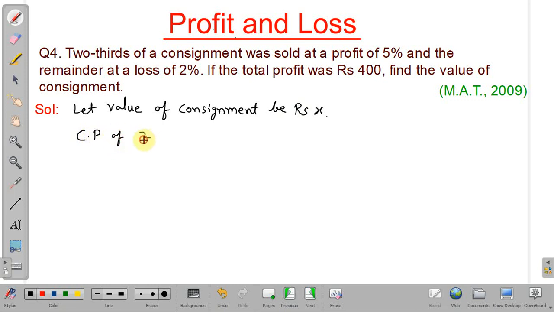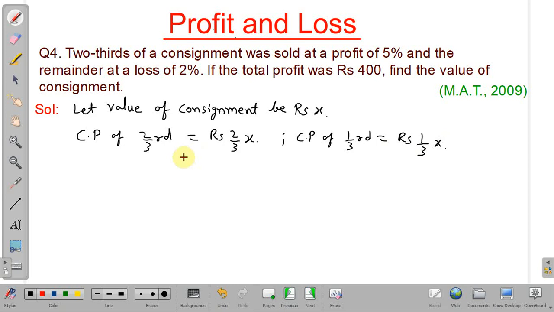See, cost price of two-thirds of goods equals rupees 2 by 3x. Okay, and cost price of remaining goods, so remaining goods cost price will be 1 by 3x, cost price of one third. So it will be rupees 1 by 3x.